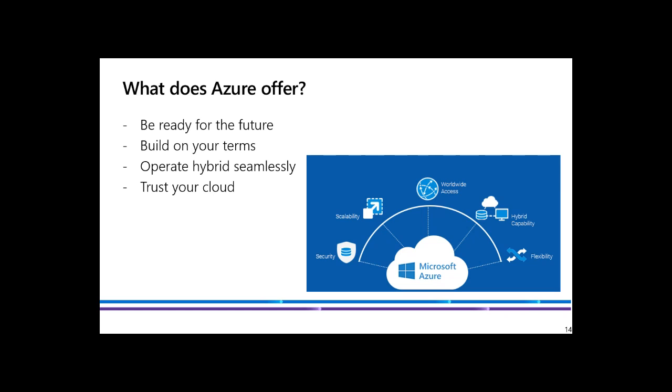So that means integrate and manage your environment with tools and services designed for a hybrid cloud solution. The last one is trust your cloud. So that means you can get security from Microsoft Azure. So this is backed by a team of experts and proactive compliance trusted by enterprises, governments, and even startups.